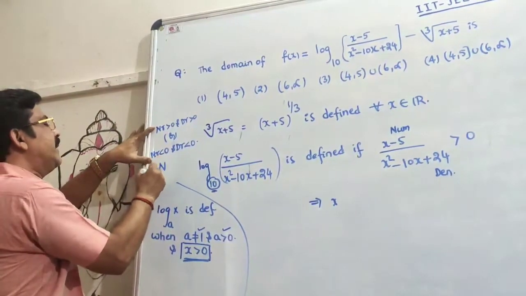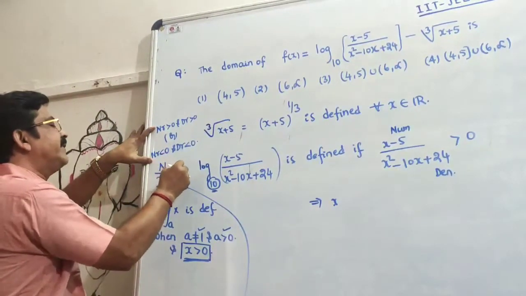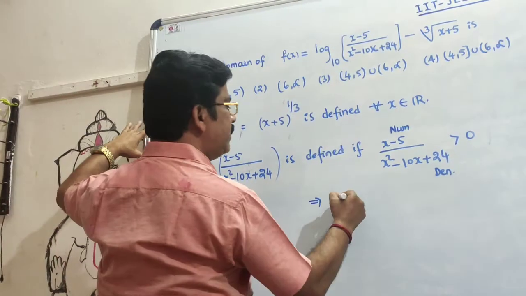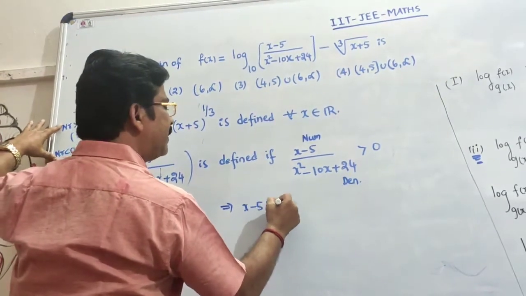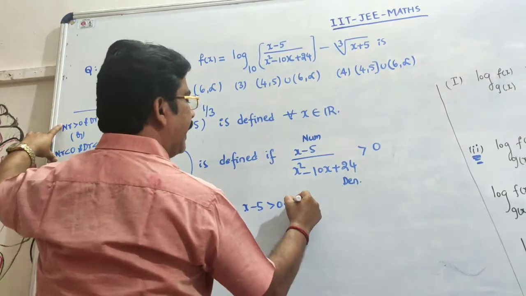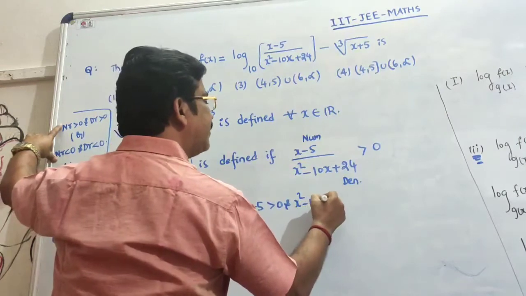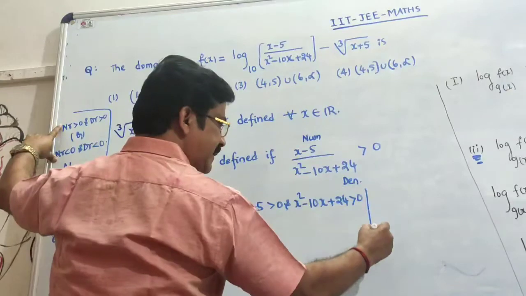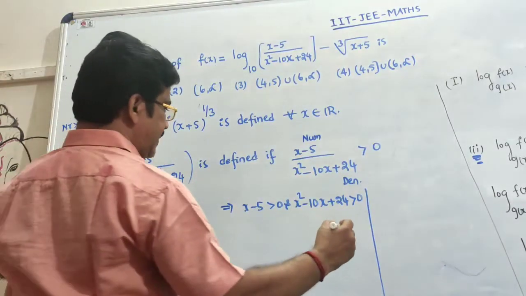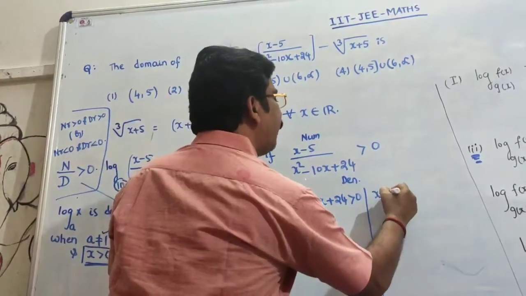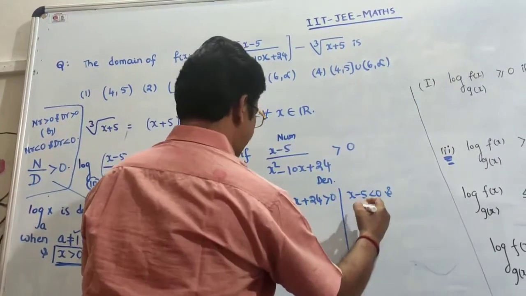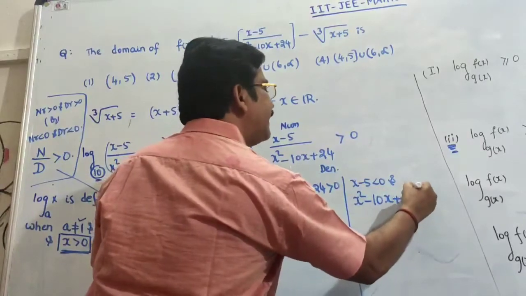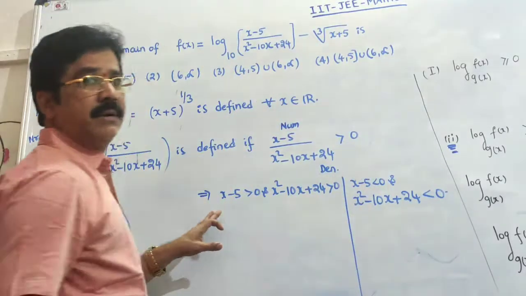This is the basic point. According to this, the first case is x minus 5 positive and x square minus 10x plus 24 also positive. Second case, x minus 5 less than 0 and x square minus 10x plus 24 less than 0.